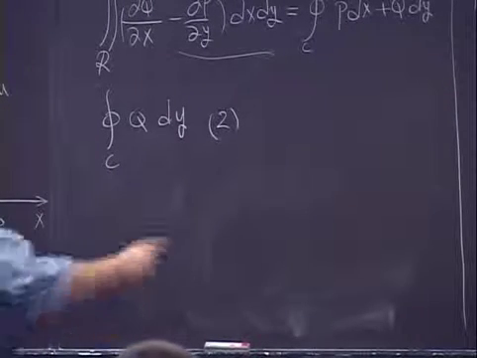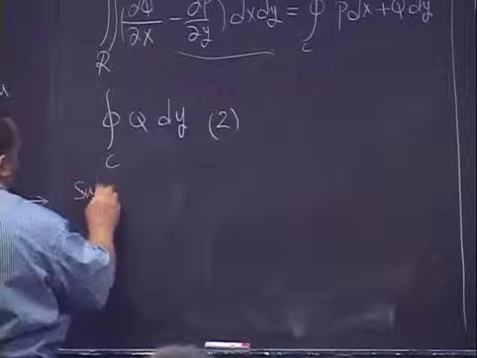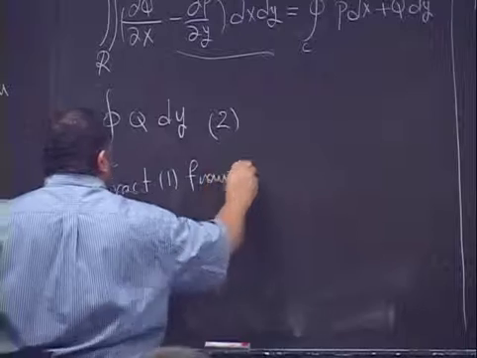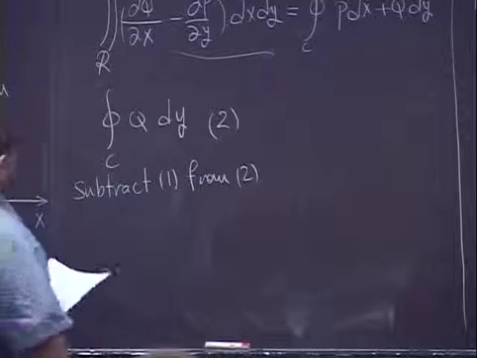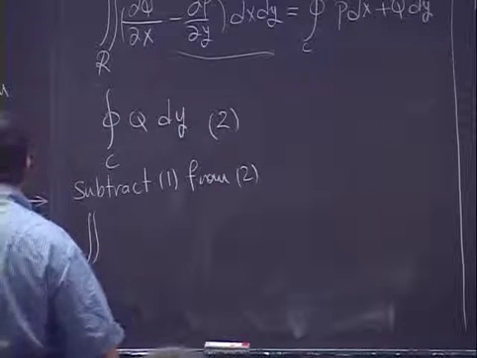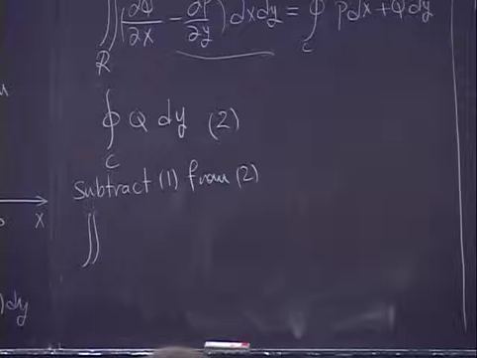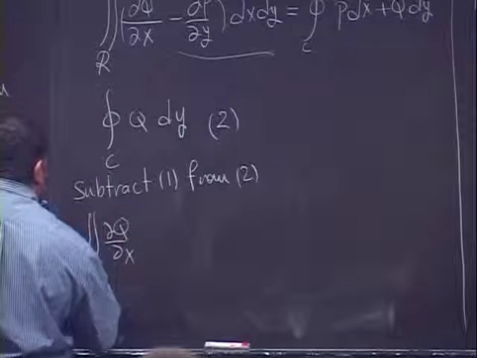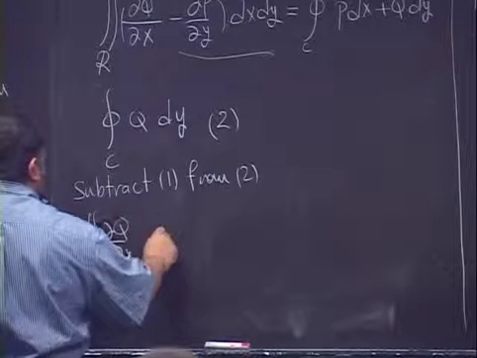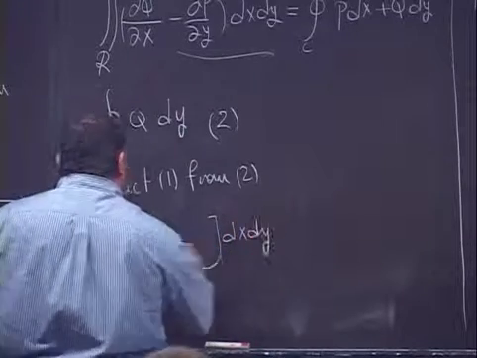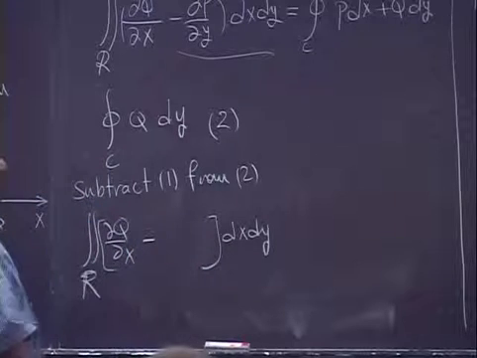So if you subtract 1 from 2, you will get the following result. What's 2 now? It's here. It's the double integral of dq by dx over R dx dy, and I will subtract from this one the other one.